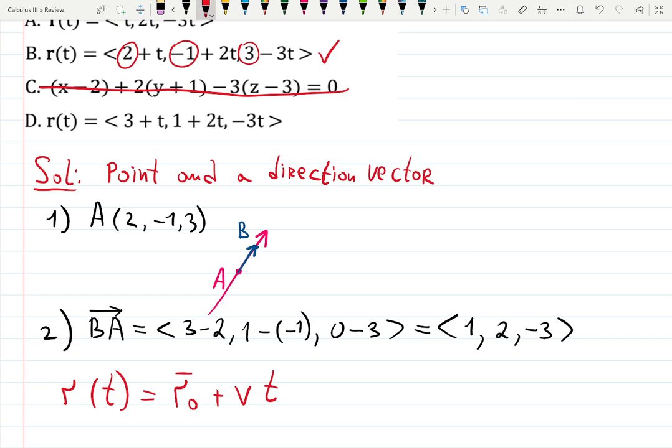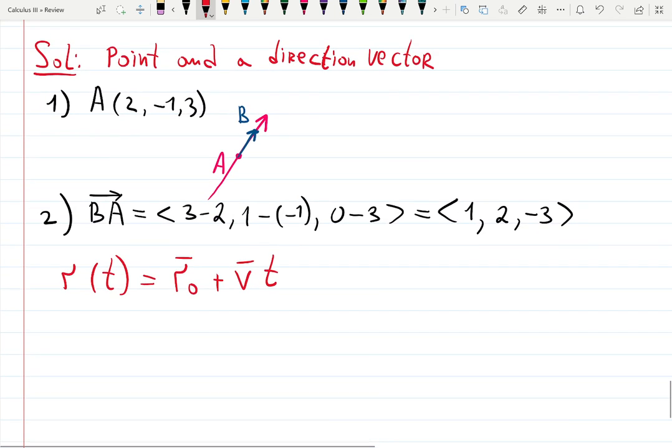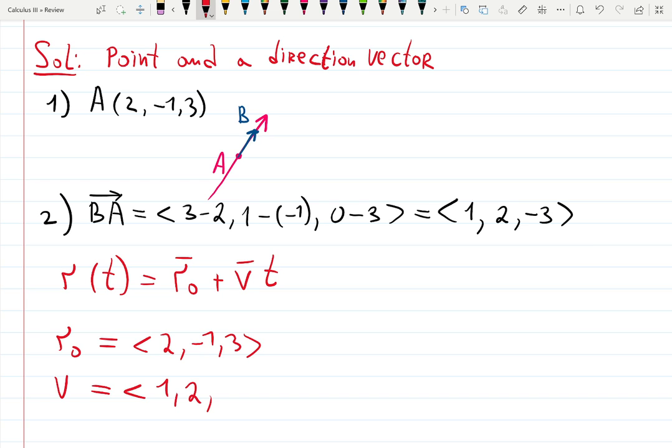That's why I always get stuck in this moment on how to explain it. So r_0 is coming from the point that is going to be (2, -1, 3). And then v is my directional vector. In this case, it's (1, 2, -3).